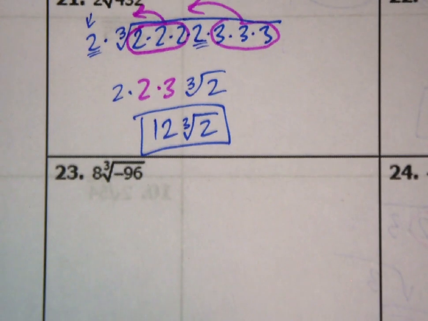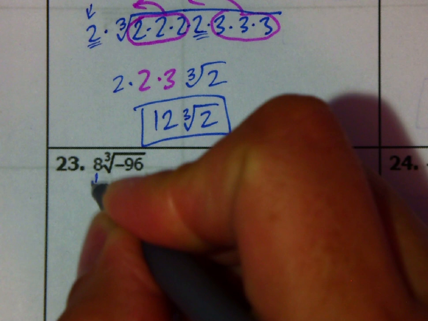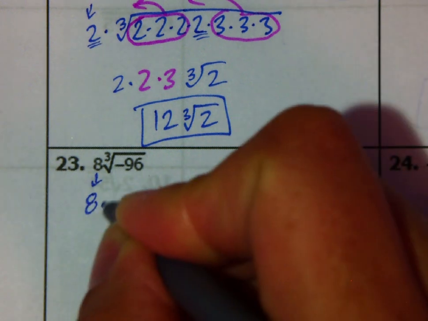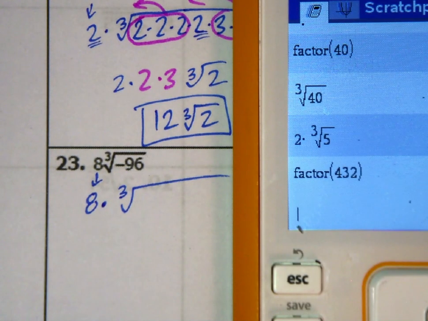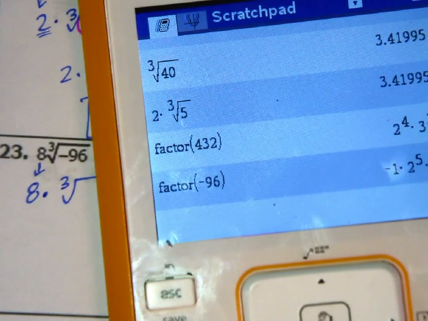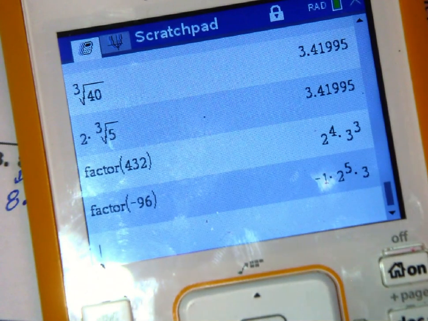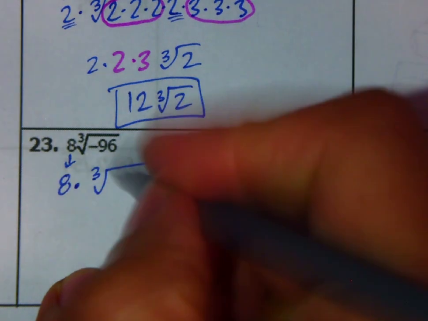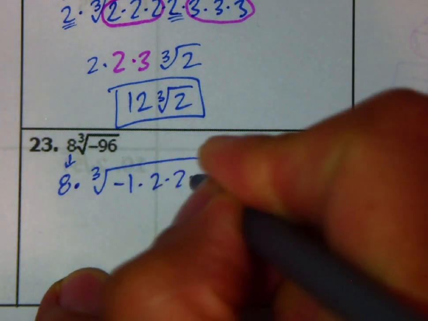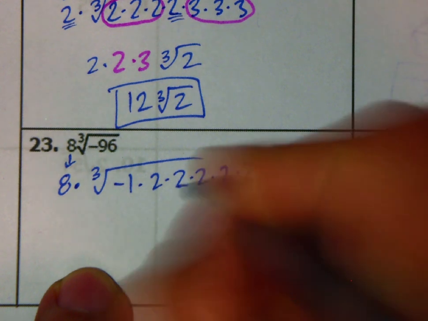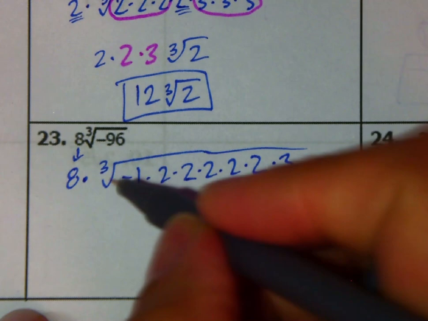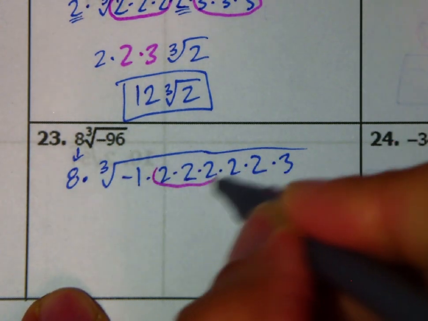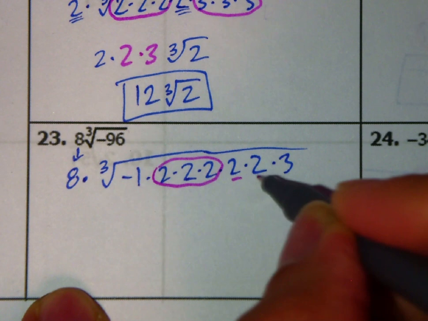For number 23, we have an 8 as a coefficient. And we're going to multiply times whatever factors we get for negative 96. So menu, number, factor, negative 96. And we get negative 1, 2 to the 5th power, and then 3. And then we take out cube roots, which is groups of 3. We're going to have this one, and not these.